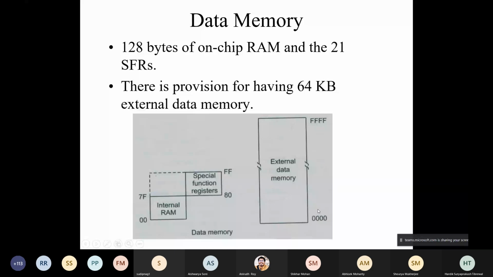But you have to make sure that the location your data pointer is pointing to should not directly overlap. If it is overlapping, then you have to take extra precaution. In hardware, you have to make sure that your data pointer is not pointing anywhere in the program memory space. So that is a word of caution.